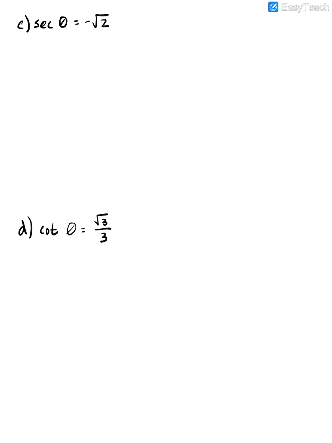Same idea, but now, because secant is like cosine, where it's 1 over x, the reciprocal kind of thing, it's only talking about the x. So x is negative in the second quadrant and in the third quadrant, okay?